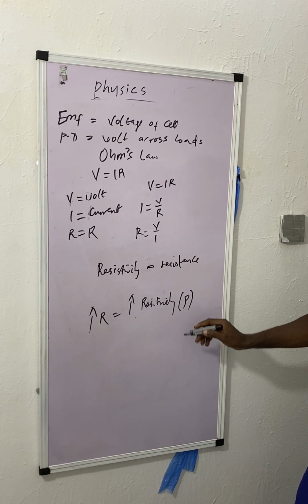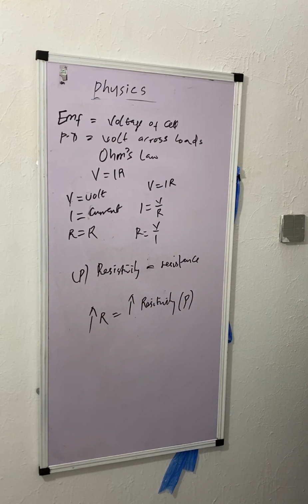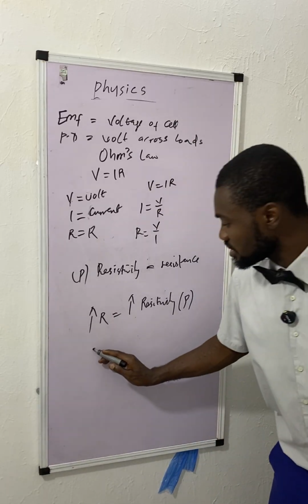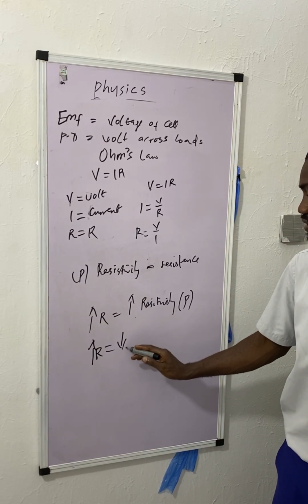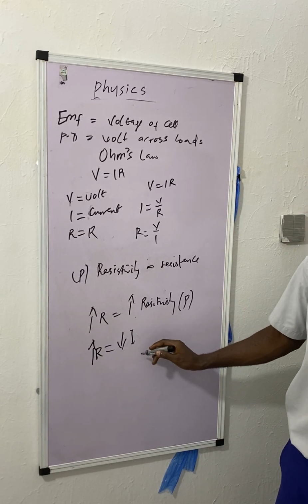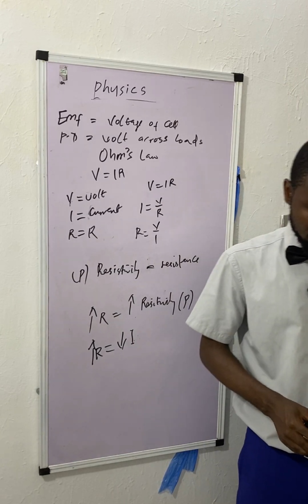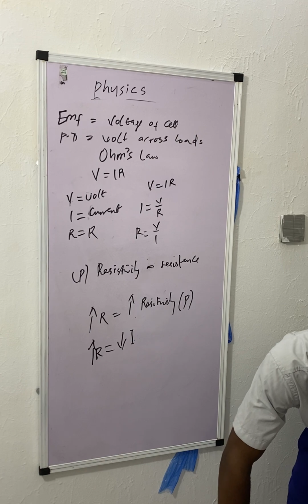Resistivity is usually written as rho. So increased resistance equals increased resistivity. Increased resistance too equals what? Decreased current. When the resistance is high, the current flow decreases.